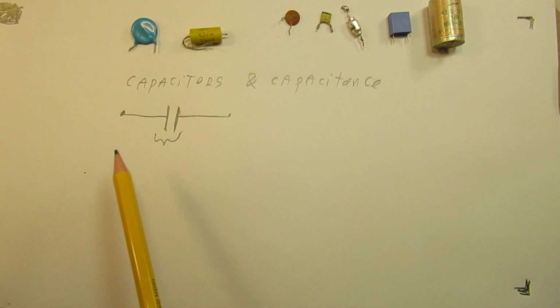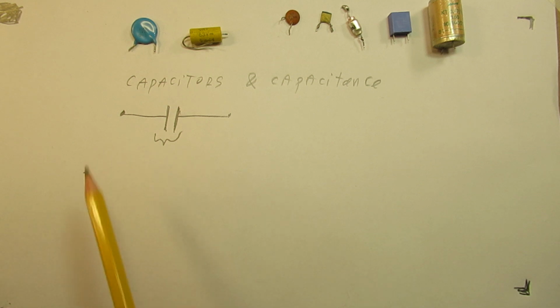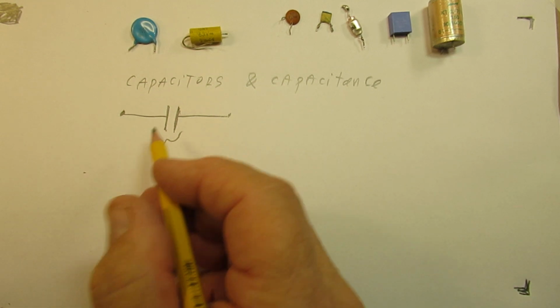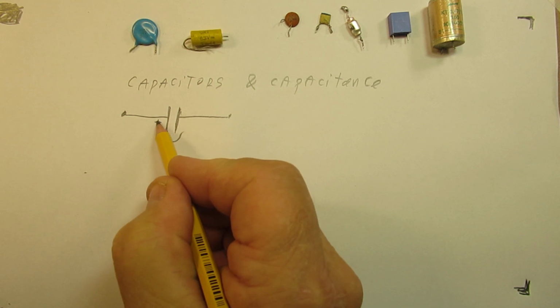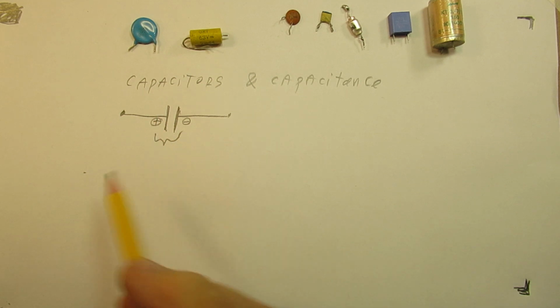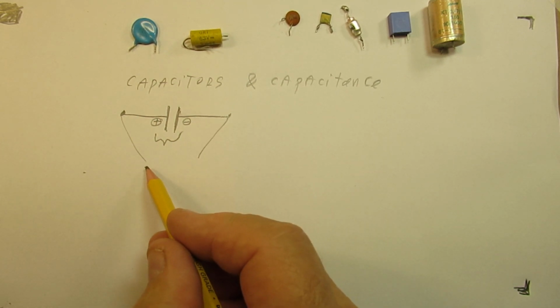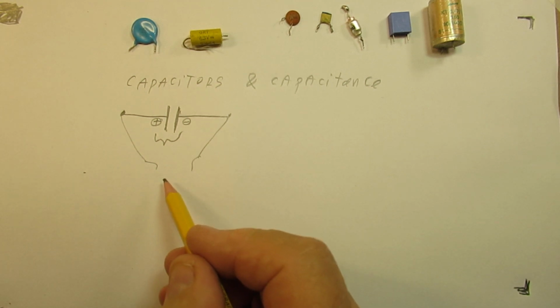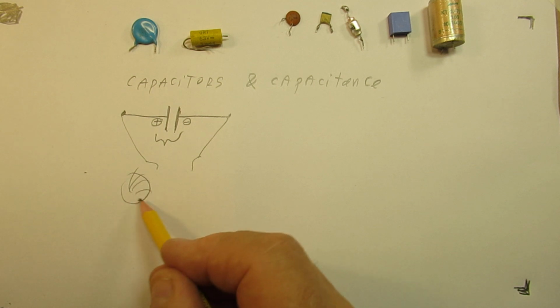idea was, not only the idea, but in practice it also worked, that you could store charge in between these two plates. Say when they were connected to a voltage source of whatever kind, say via an electrifying machine.